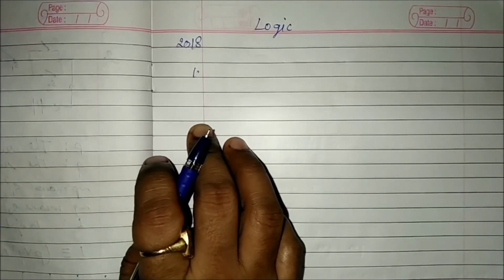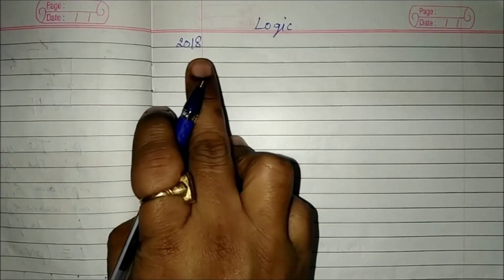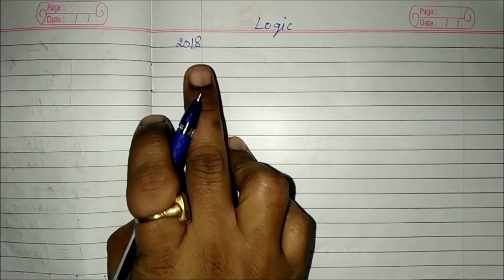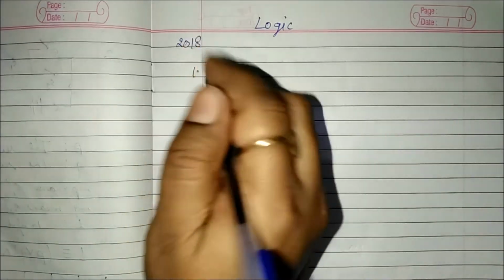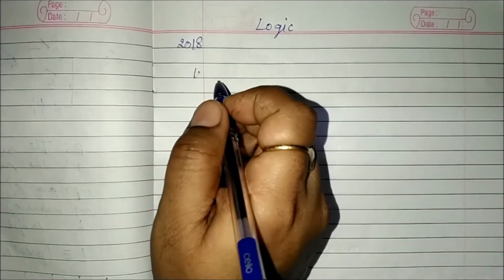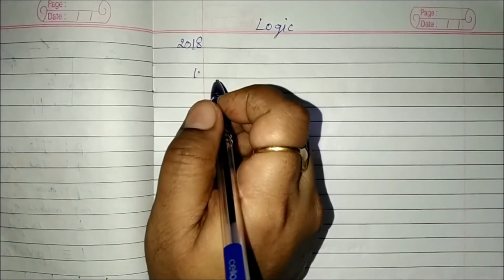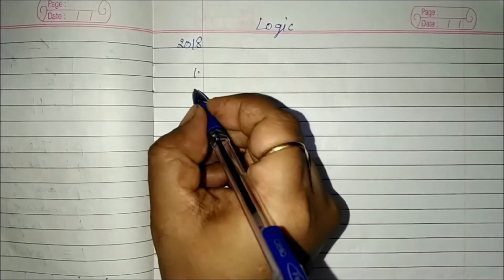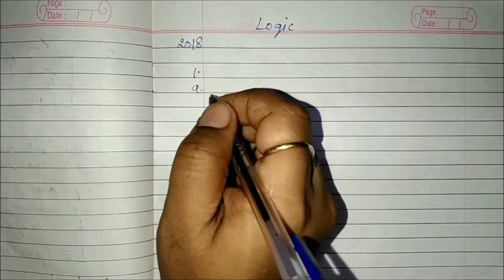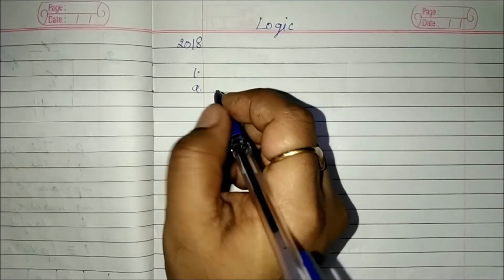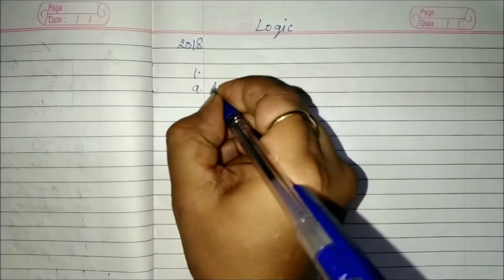Now in this video we see the solution of the board question paper of year 2018. There are three questions as you have seen. First question is, write the negation of the following statements. First statement is, all students of this college live in the hostel.